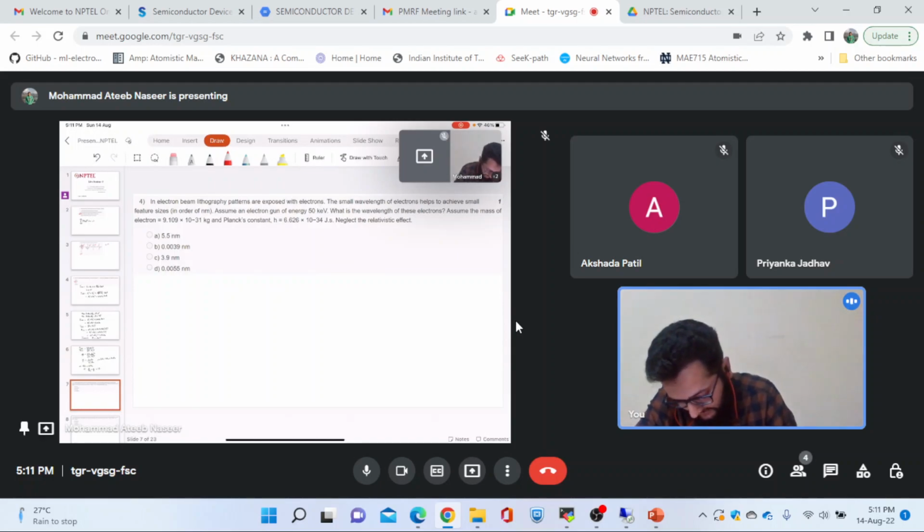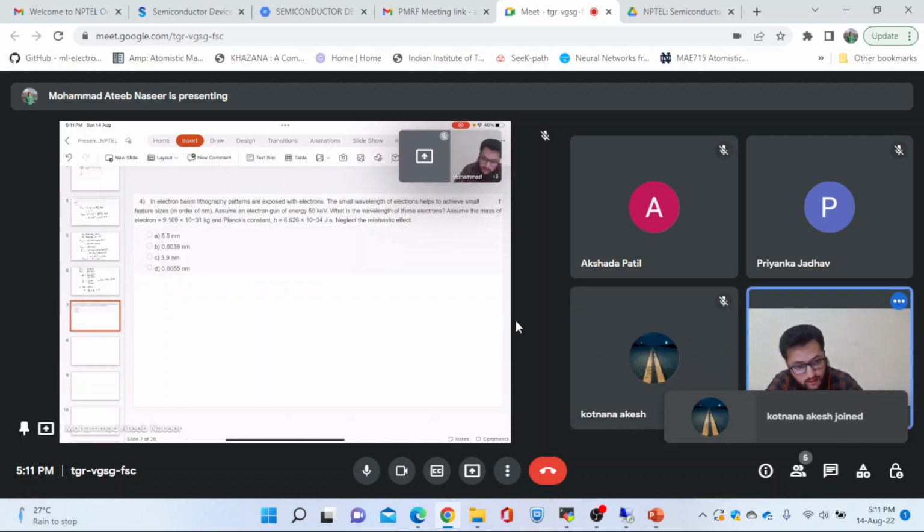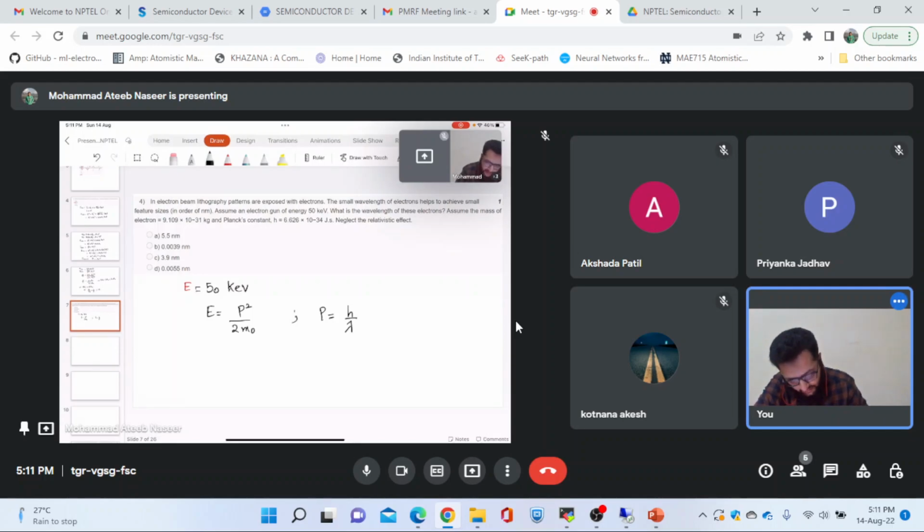So if we start this problem by writing what we are given, we are given the energy to be equal to 50 kilo electron volts, and we know that this kinetic energy is given by P squared by 2 m naught, and this P itself is given by h by lambda, where h is the Planck's constant.